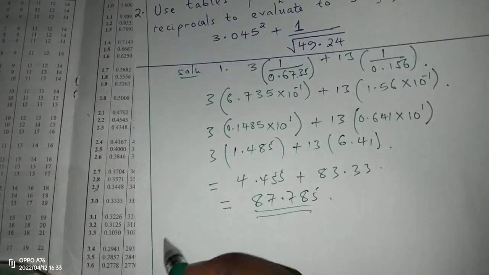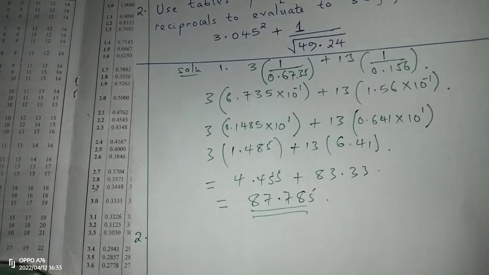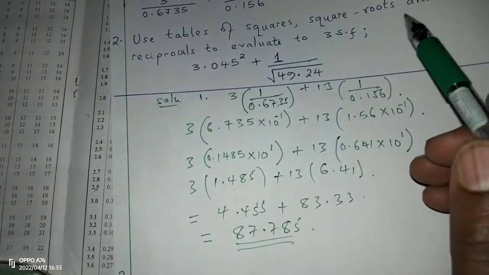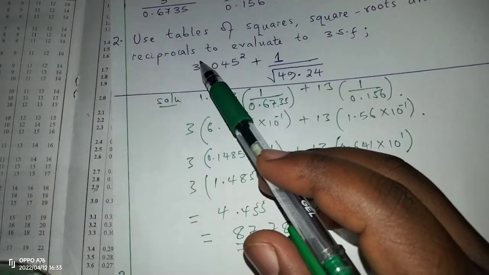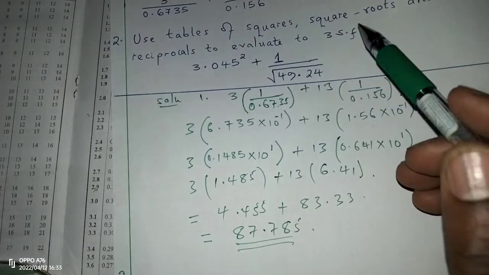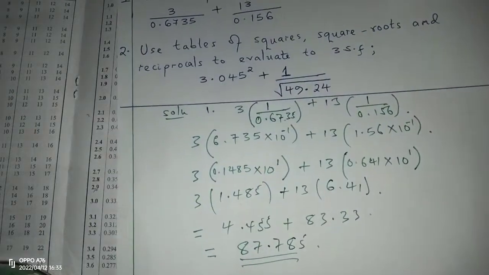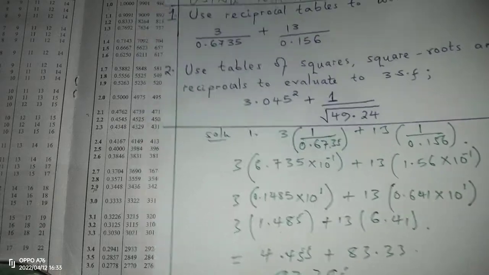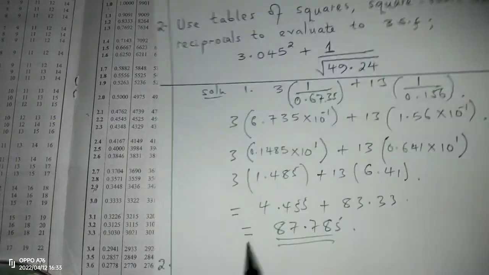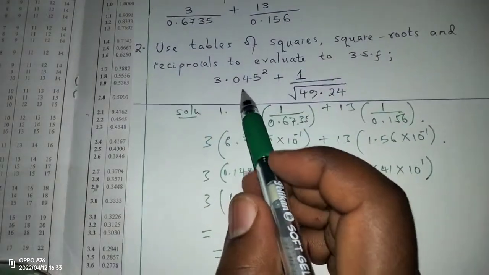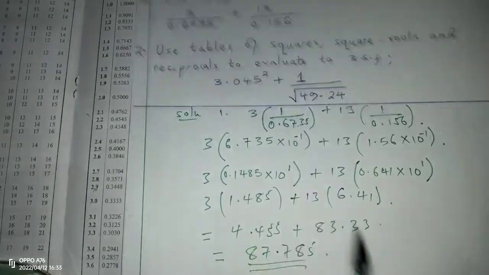We have a part B here, which says we use squares, square roots, and reciprocal tables to evaluate to 3 significant figures. So trying to solve number 2, we'll read the square of 3.04.